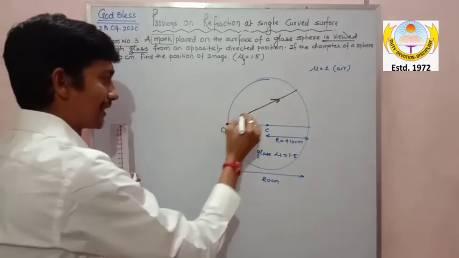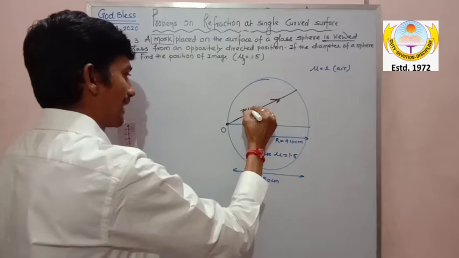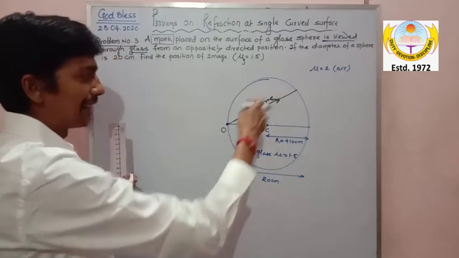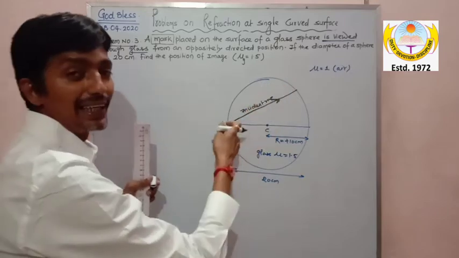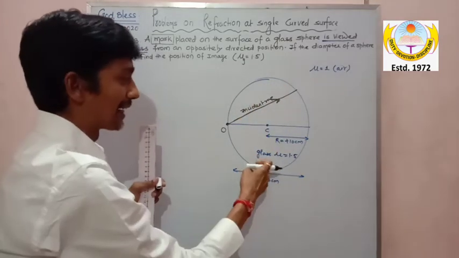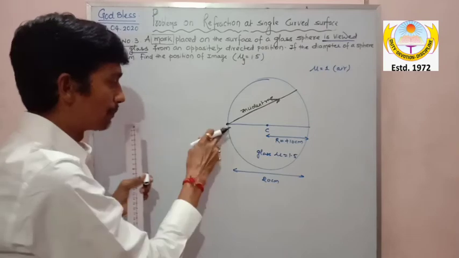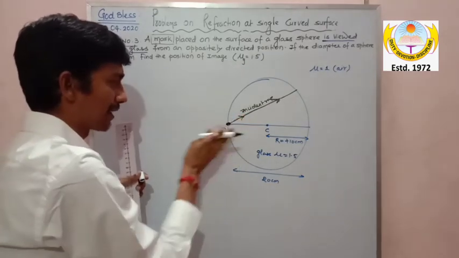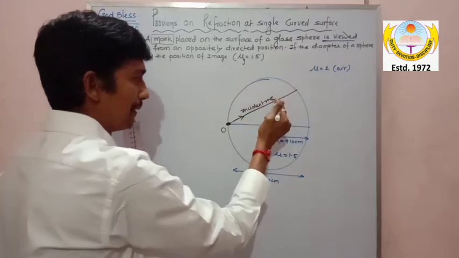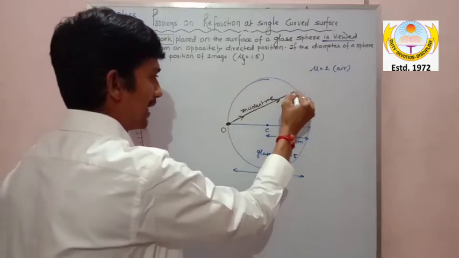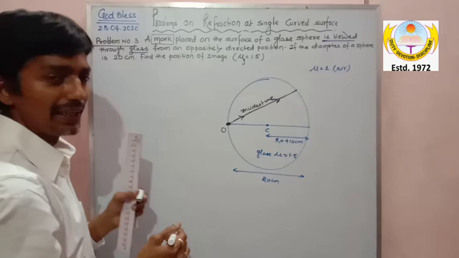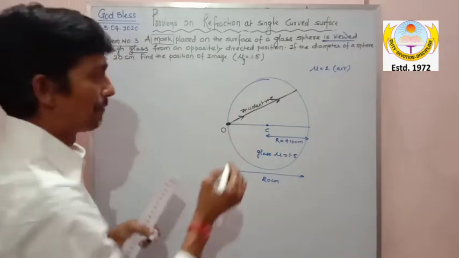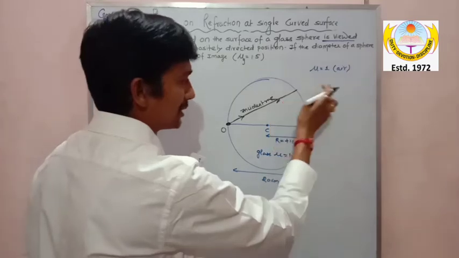So the light, this is your incident ray, please take care. The incident ray is traveling in the denser medium, in the glass medium, because the mark is placed on the surface and the light enters the glass from this mark. So the incident ray is in the denser medium. And you all know that the refraction is going from denser to rarer.